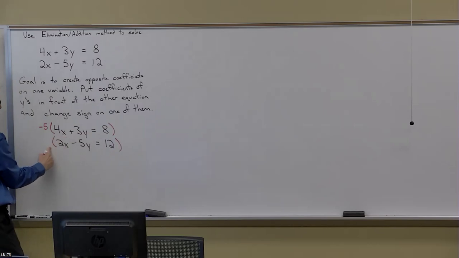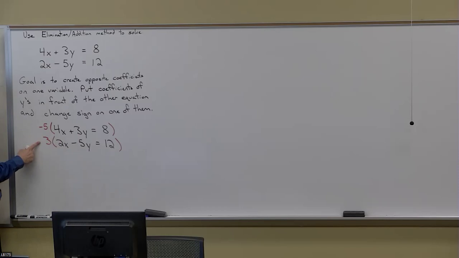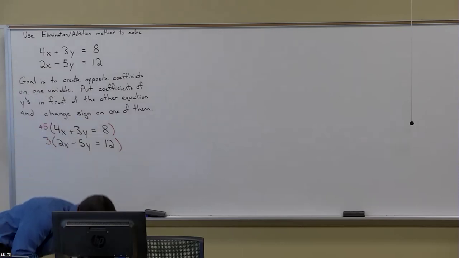I'm going to put a 3 in front of the other equation because of that 3. And then I need to change the sign on one of these. So I can either make this 3 a -3, or I can make this -5 a +5. And generally, I like to multiply by positives. So I'm going to change that -5 into a +5.